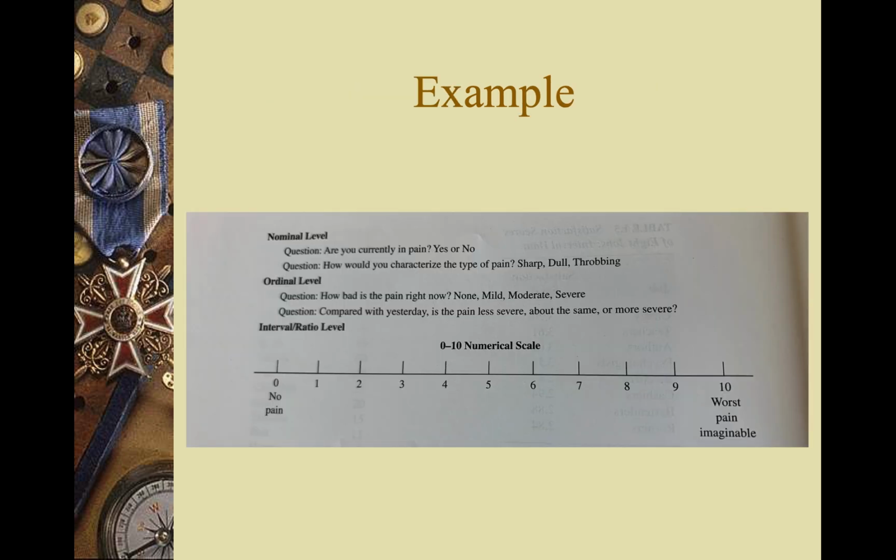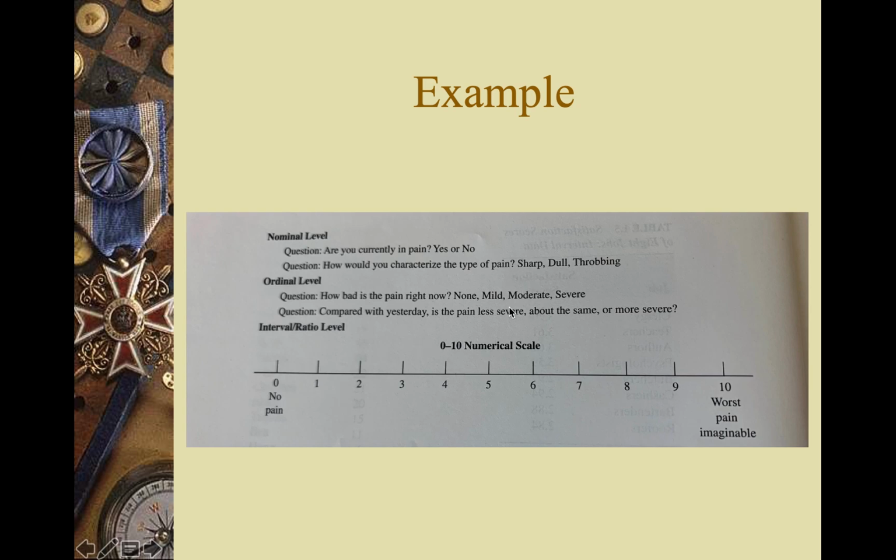So here's an example of the same question being asked with different types of measurement: nominal, ordinal, or interval. Nominal: are you currently in pain? Yes or no? How would you characterize the pain? Sharp, dull, throbbing. Ordinal: how bad is the pain right now? None, mild, moderate, severe. Compared with yesterday, is the pain less severe, about the same, or more?